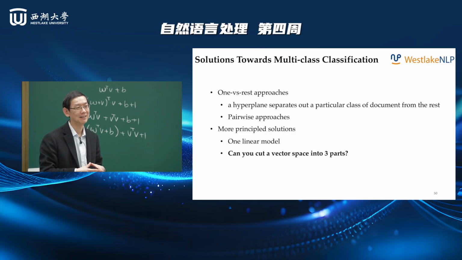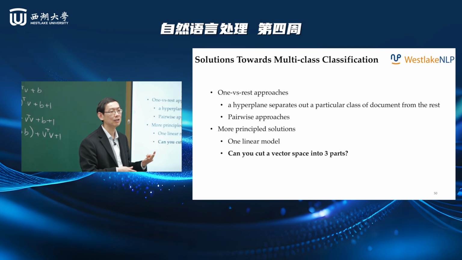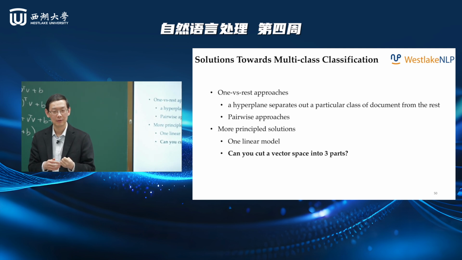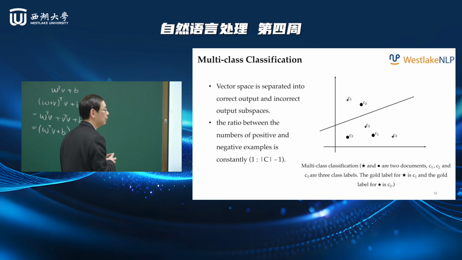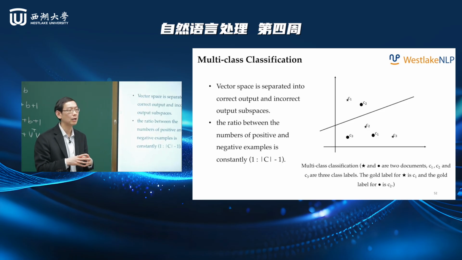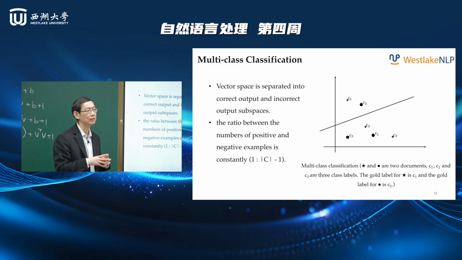That's the idea. No matter whether it's two-way classification or three-way classification, there are 2 types of vectors. What do I mean? If you take both the input and the output into consideration, then there are 2 types of outputs. One type is called correct output. The other type is called incorrect output.